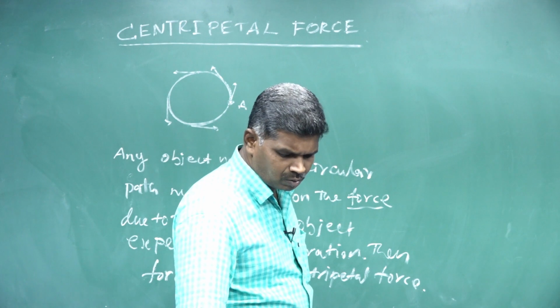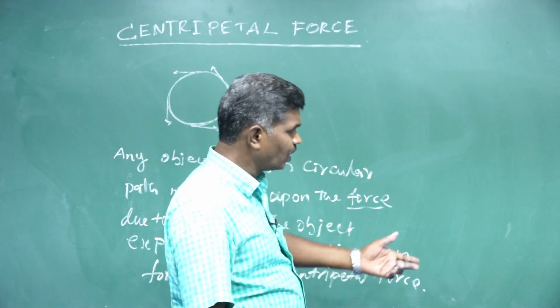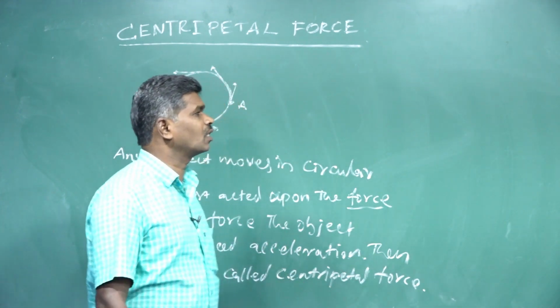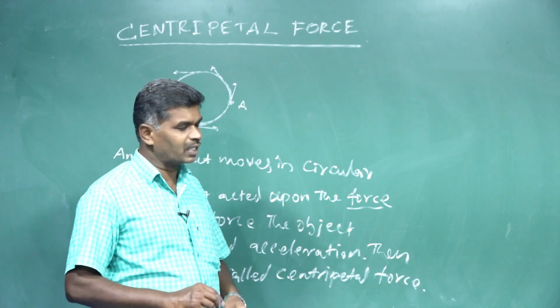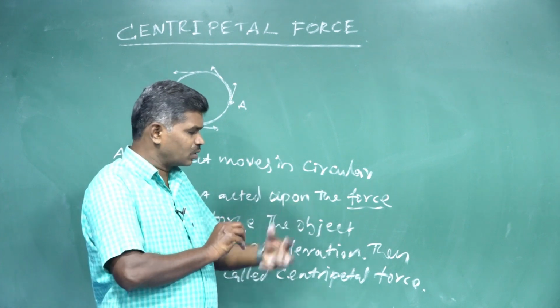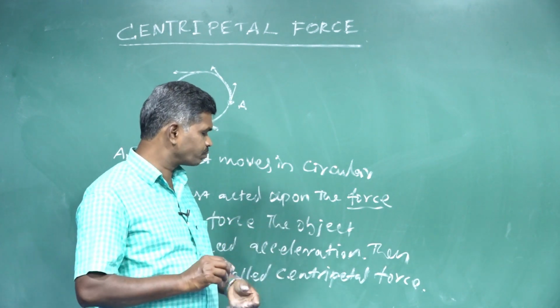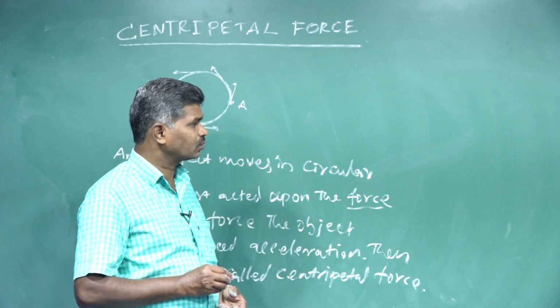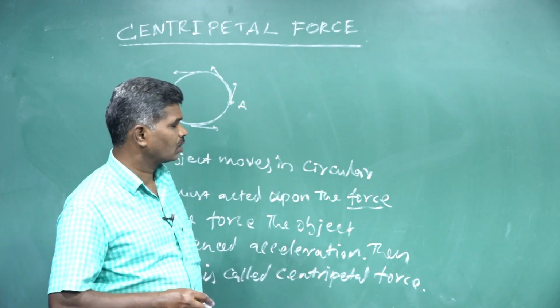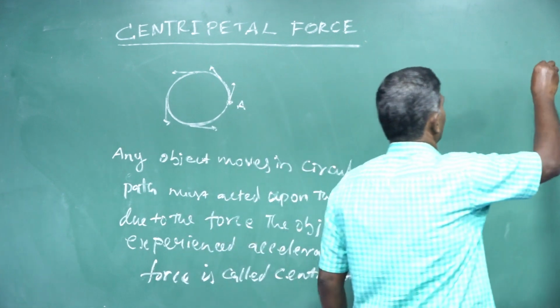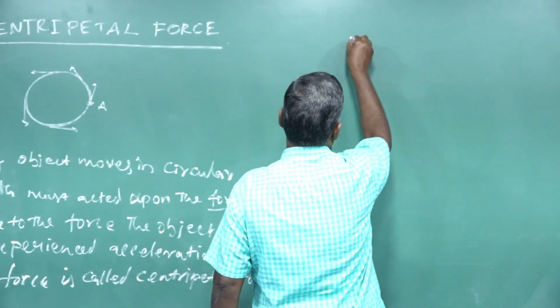We have some natural applications of the centripetal force. In those natural applications, some other forces can act as a centripetal force. We are going to list the forces which act as a centripetal force.